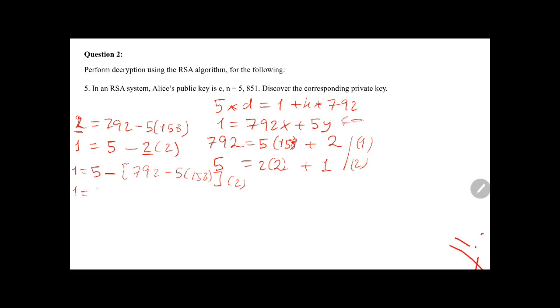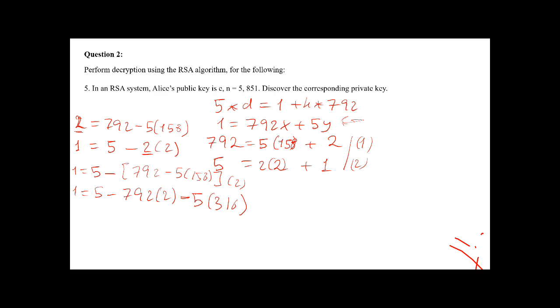So it will be 1 equal 5 minus 792 multiplied by 2. Remember, we don't change the value outside the bracket, so it's 792 multiplied by 2, just like this. Minus, we don't change the 5 since it's outside the bracket, so we do the multiplication inside the bracket. So it's 158 multiplied by 2, so it's 316. And that's it. We have solved the equation together. We've substituted the equations into each other.